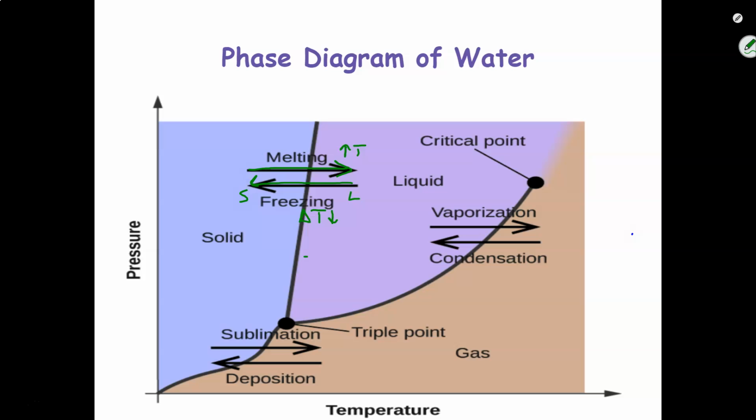So they're just showing you the different processes that would be happening as you cross the line, whether you're adding heat by changing the temperature or releasing heat by decreasing the temperature. So this is a phase diagram. It's just highlighted with the different phases and then the different processes of either absorbing energy or releasing energy.